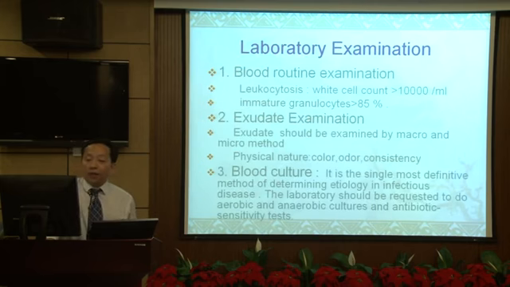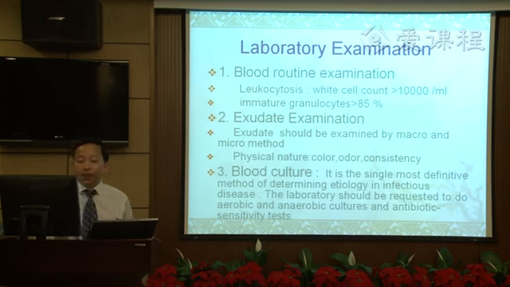In the laboratory examination, firstly, in the blood routine examination, we will find an elevated white cell count. The WBC count may be more than 10,000 per milliliter, and we also find immature granulocytes more than 85%. The second is the exudate examination.